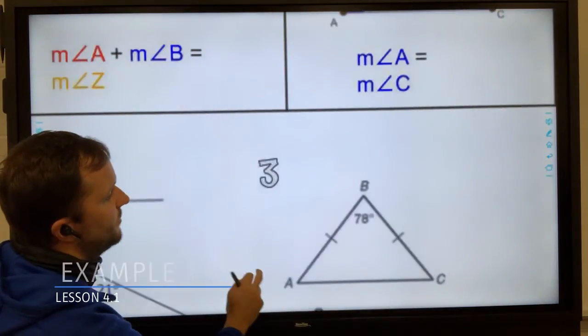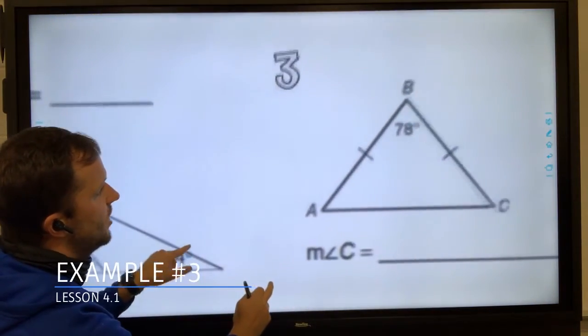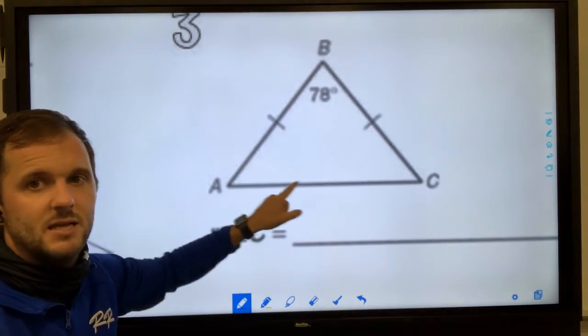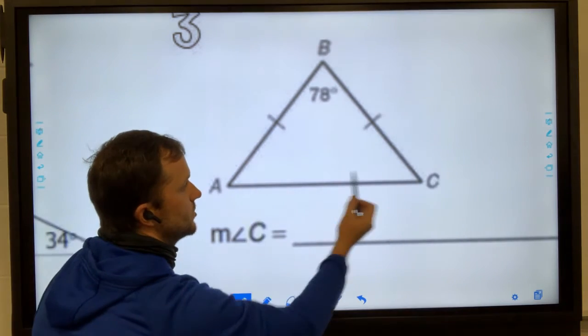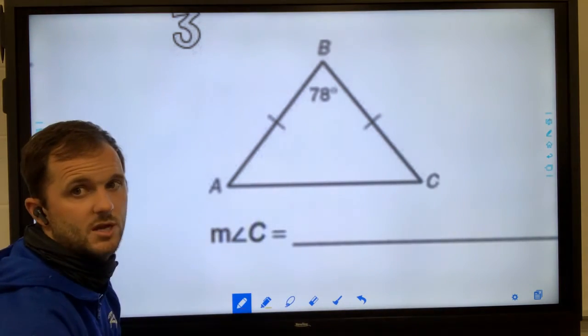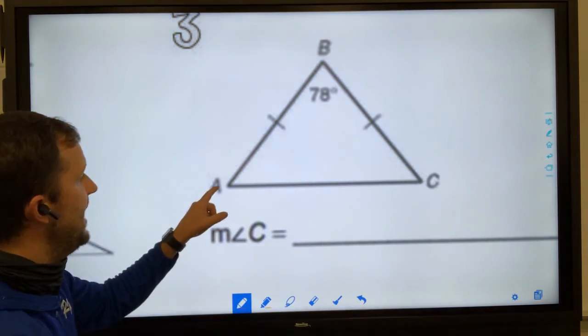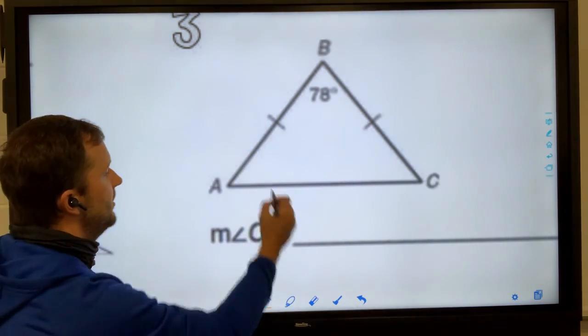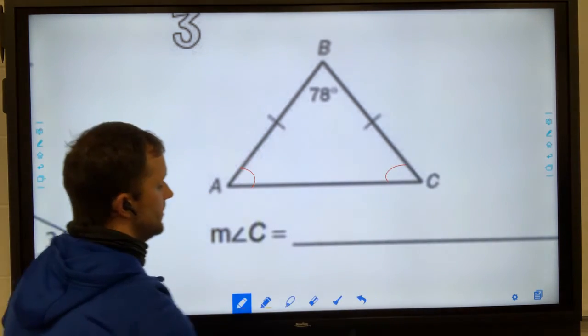Okay. So on number 3, it shows I have an isosceles triangle, okay? In my isosceles triangle, these 2 angles right here are gonna be congruent to each other. So A plus C plus 78 are all gonna add up to 180, but I know that this angle is gonna be congruent to this one.